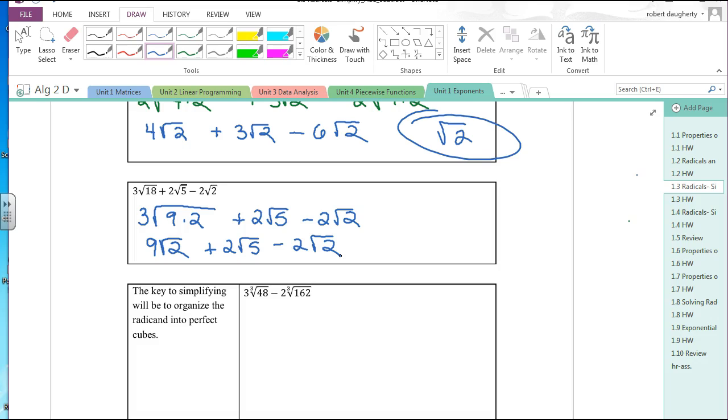What's 9 square root of 2 minus 2 square root of 2? 7. So the answer here is 7 square root of 2 plus 2 square root of 5. That's as far as I can go with that one. So not all terms always combine. You only figure out which are like terms and how they combine.